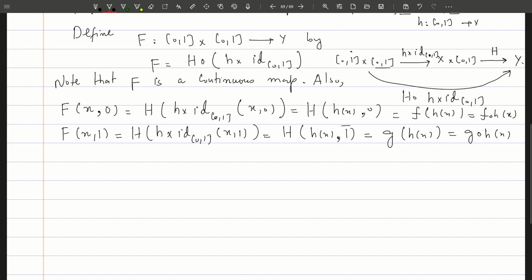Now let us see what is going to happen at the base point.